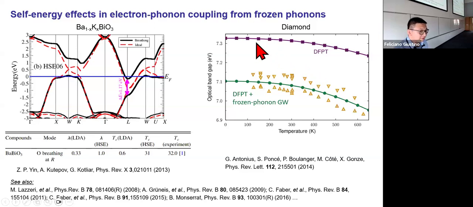If you look at the value from DFPT and with GW correction using frozen phonon, there's a big difference. And the one with GW correction is actually pretty nicely captured to agree with the experiment.